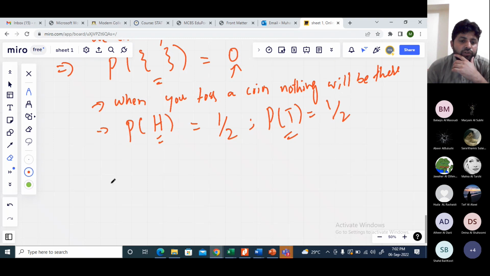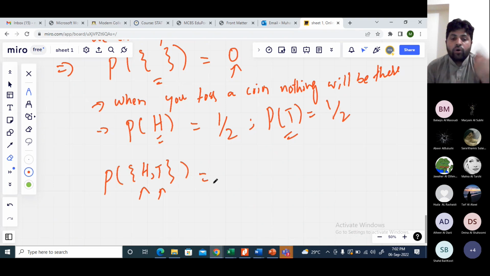It's a combination of two, head and tail. Meaning you have head and tail. So if we are treating this as an event, how do we calculate the probability in this situation?